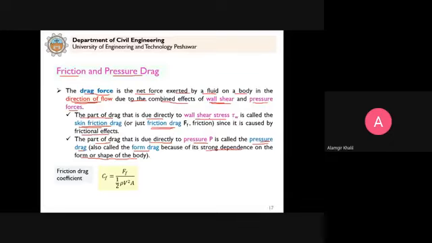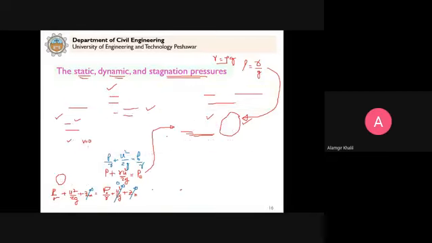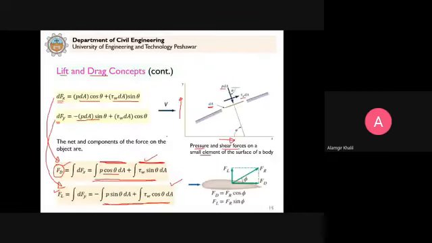And when it is due to the shear stress, then it is known as the friction drag. So this is the pressure drag, this one, which is due to the pressure.